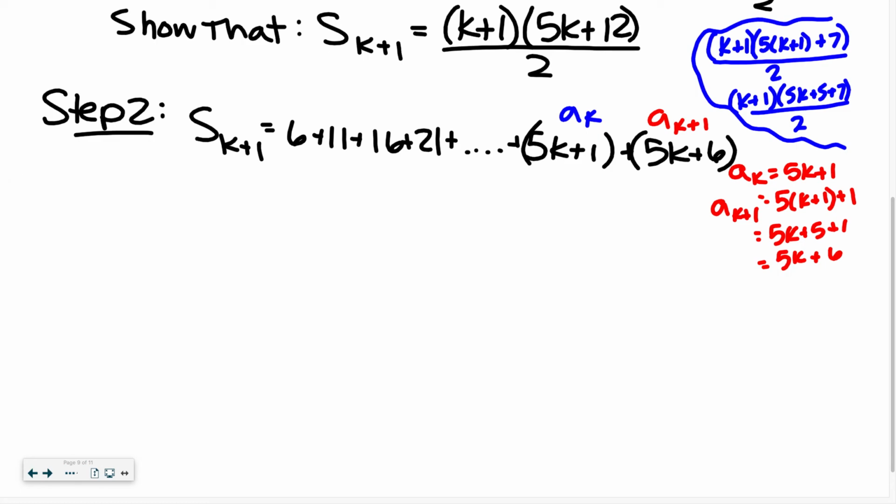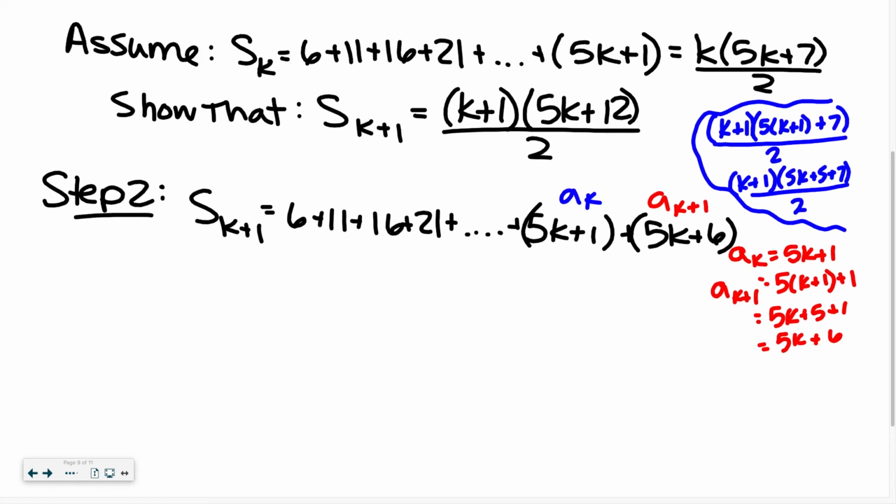Okay. All right, now compare. Look at the thing you assumed. 6 plus 11 plus 16 plus 21 plus 5k plus 1. All of that simplifies to be this formula. We assume that to be true. So 6 plus 11 plus 16 plus 21 plus 5k plus 1, all of that equals k times 5k plus 7 all over 2.